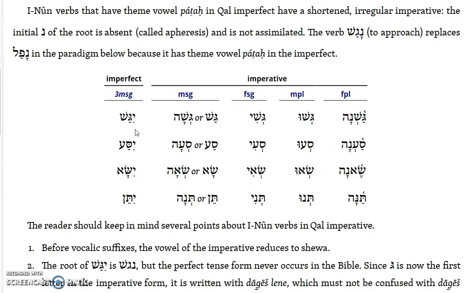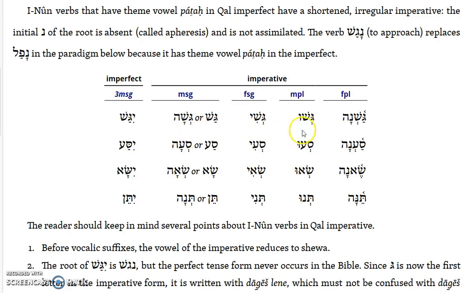But then one way you can get from imperfect forms to imperative forms is to drop the tav. And so if you take second masculine singular imperfect tiggash, drop the tav, you get gash. Or tiggeshi would be geshi if you drop the tav.